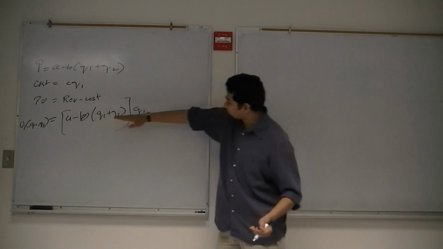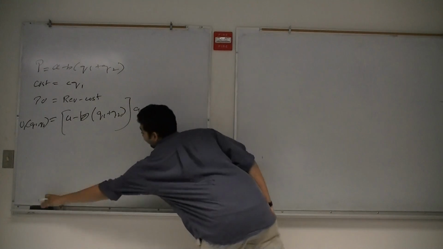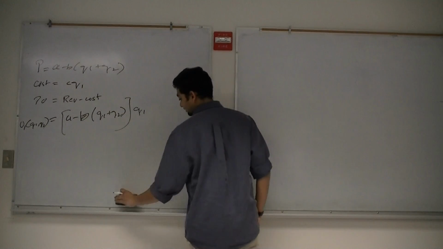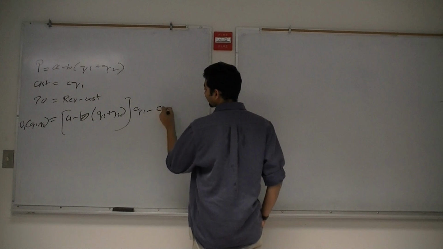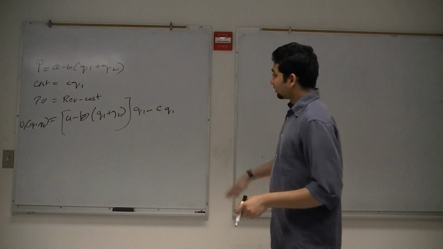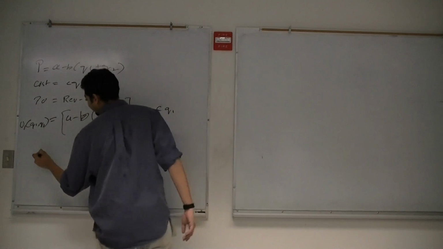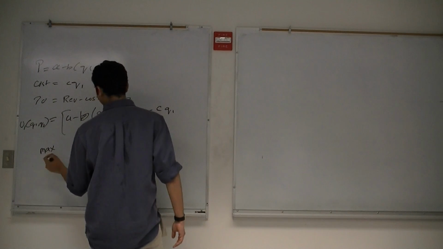The price into the quantity minus the cost. The cost is C Q1.